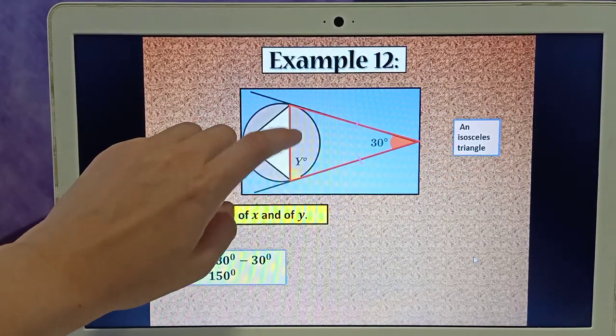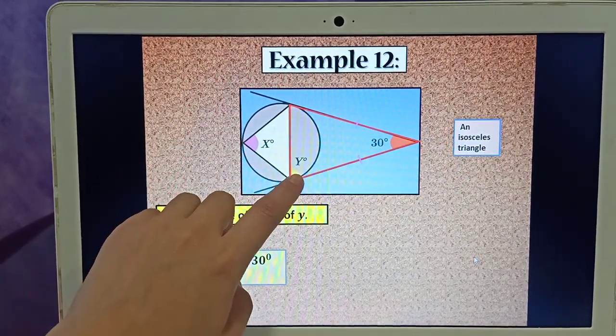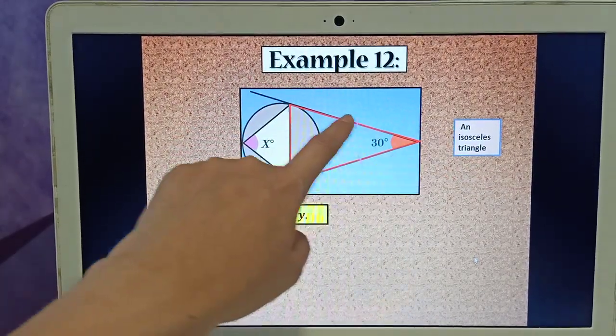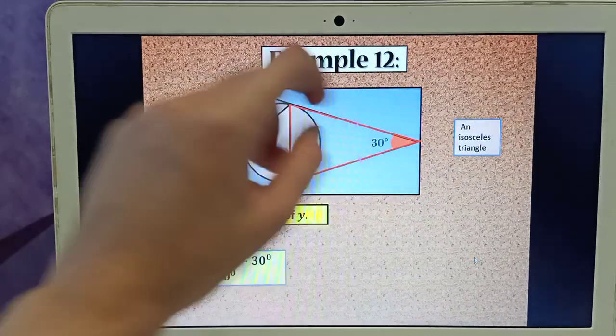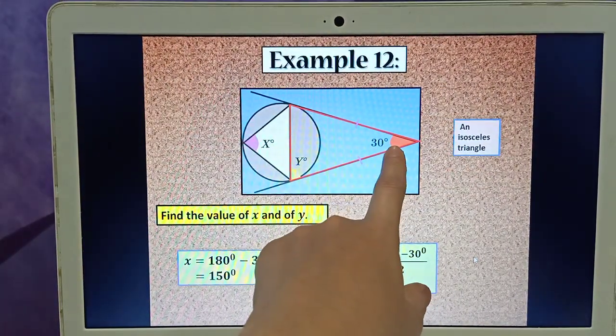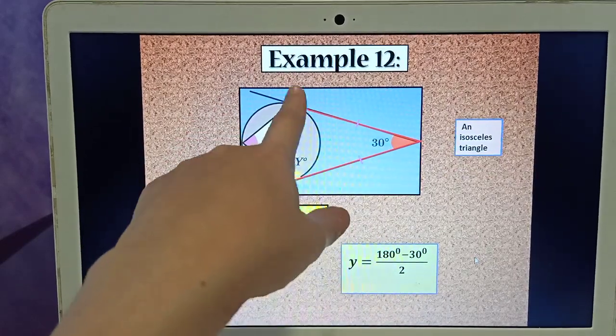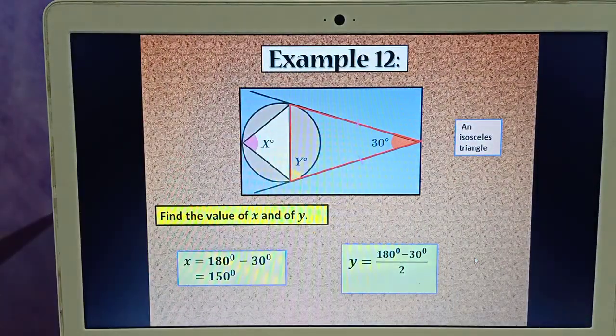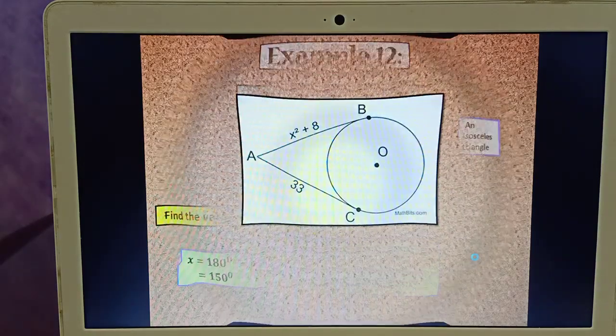If this is y, this one is also y. So to get one y, you use the sum of the interior angles of a triangle, which is 180 minus 30, and then divided by 2 because you only want one y. So the answer will be 75 degrees.